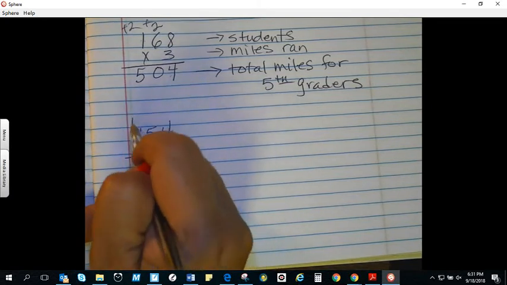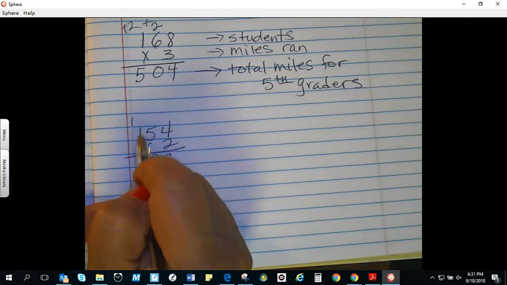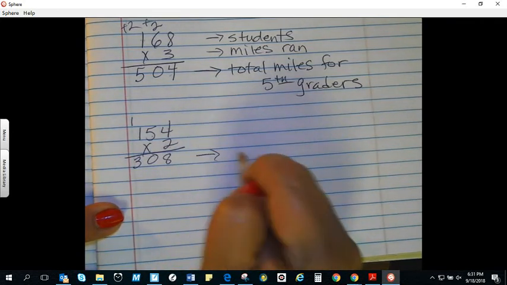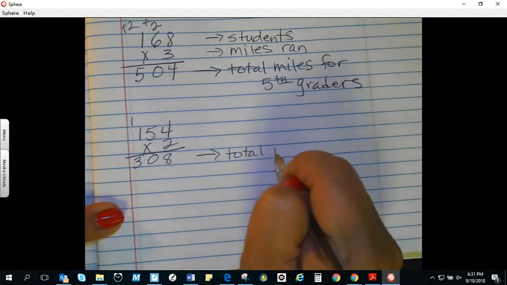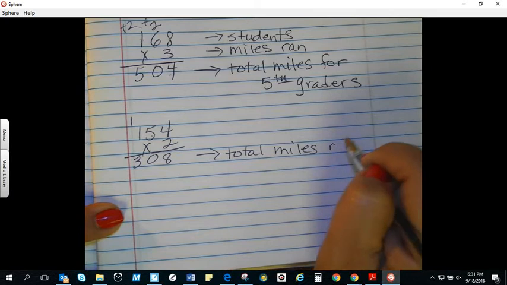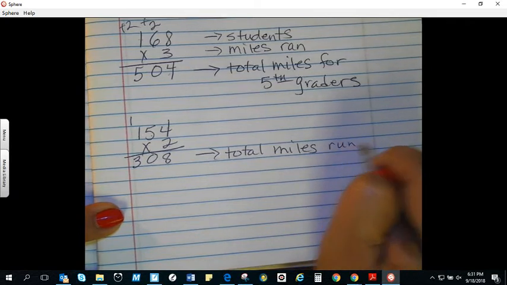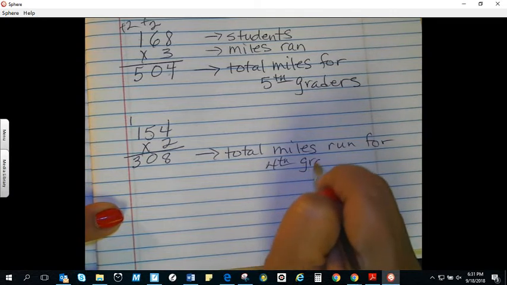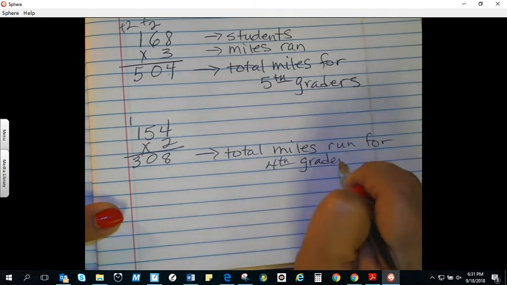I'm going to regroup my 1. 2 times 1 is 2, plus 1 is 3. So here is the total miles run for 4th graders. You can put 4th grade students as well.